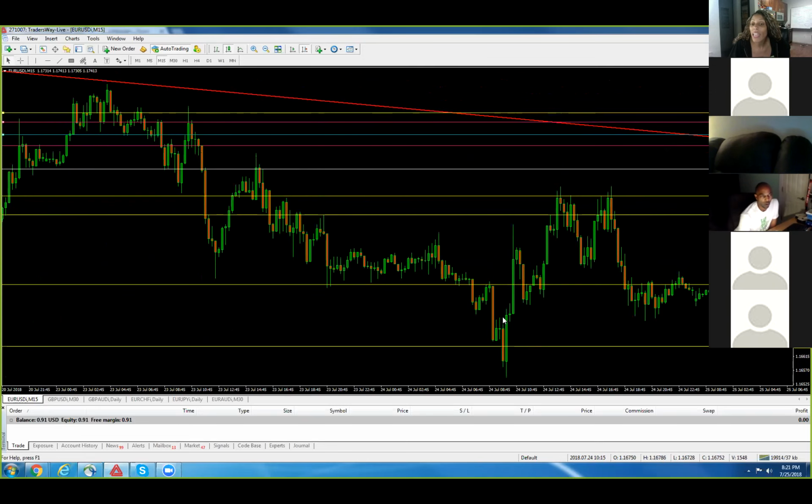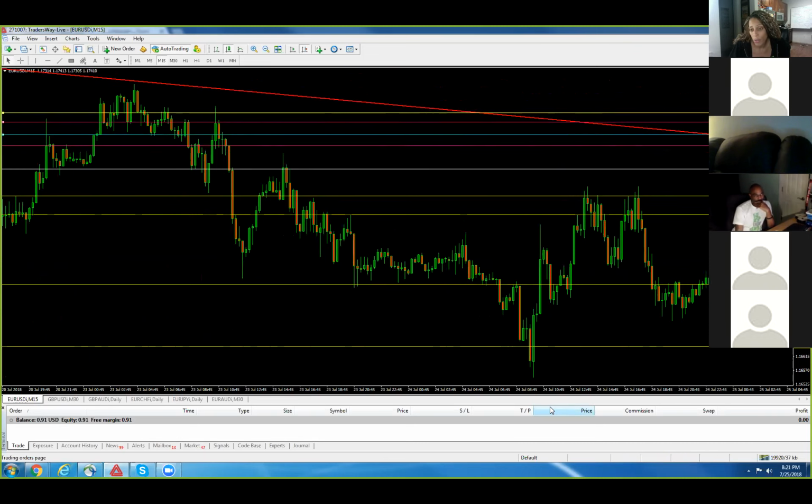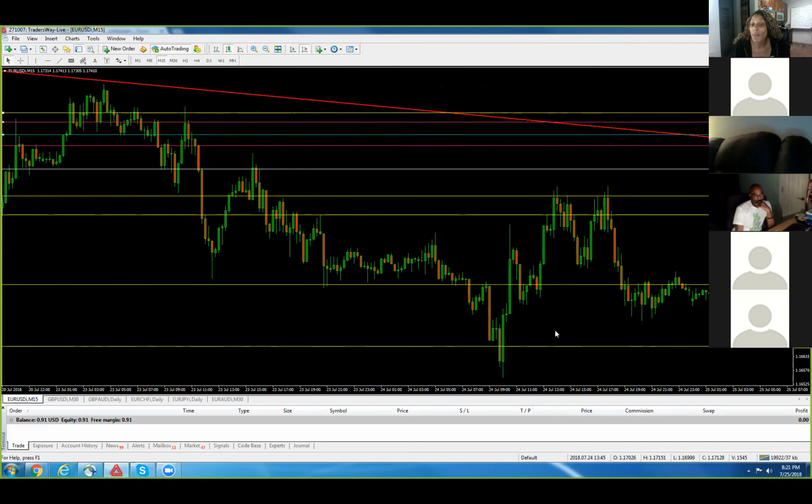But then you can't ignore the fact that there is a demand zone below you. Because price could turn around, come down, blow through this and do what? Go down to the demand zone below you. If you don't know that that demand zone is there and you come here and say, oh, I'm going to put a buy limit on this line, you could very easily get blown right through, because the demand zone is below you.